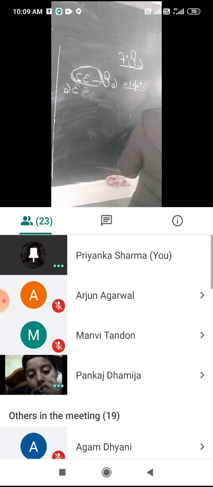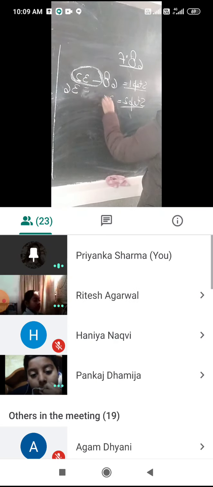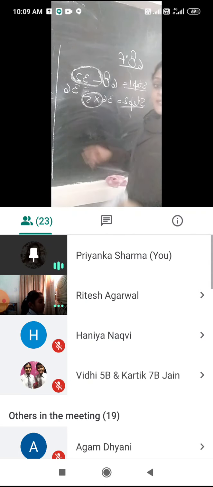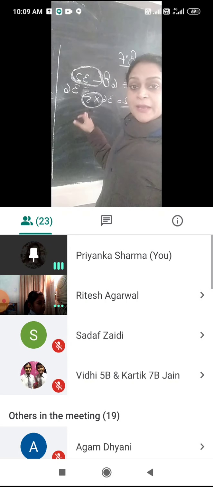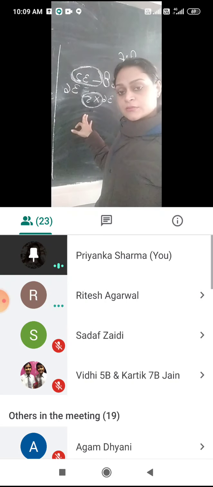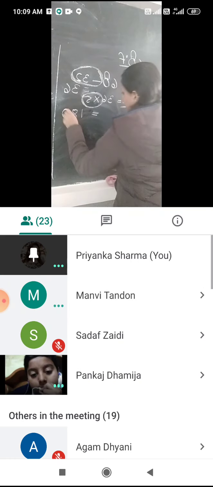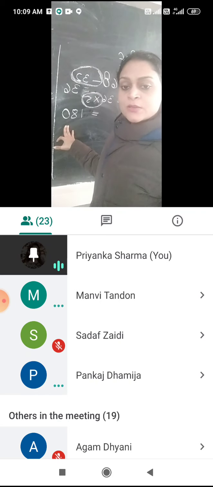Then second step, multiply by 5. 36 multiplied by 5. How much will it give us? 180.